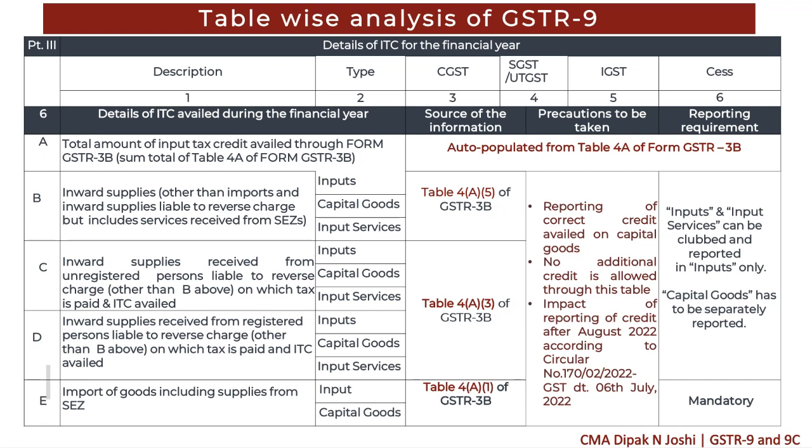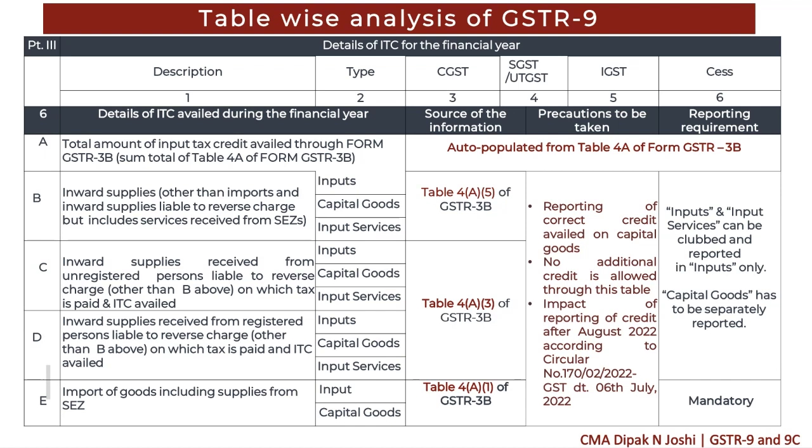One should also remember that you are not allowed to avail additional credit in table 6 of GSTR 9. You are just required to provide the bifurcation. One should also consider the impact of reporting of credit after the changes made in GSTR 3B from August 2022, right?